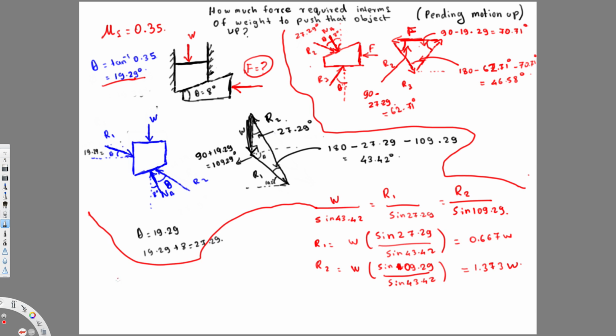F is going to be F. Here the opposite angle is 46.58, so F over sine 46.58 degrees. Then we have R2, the opposite angle is 70.71, so it's R2 over sine 70.71 degrees.